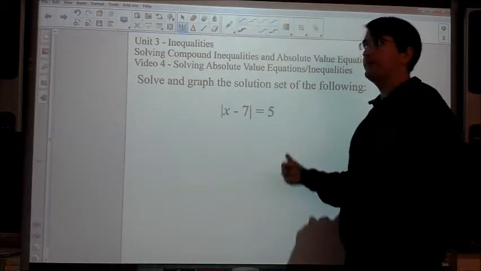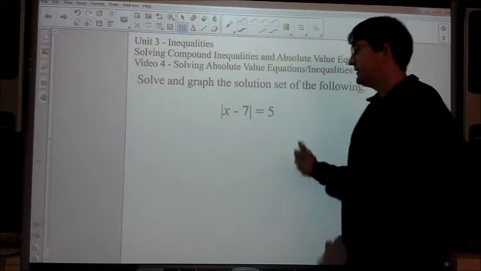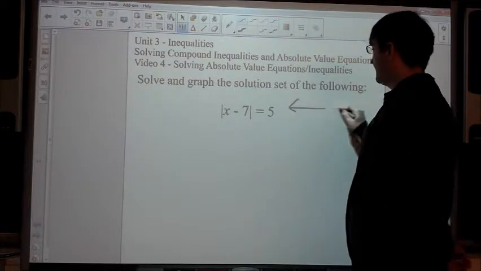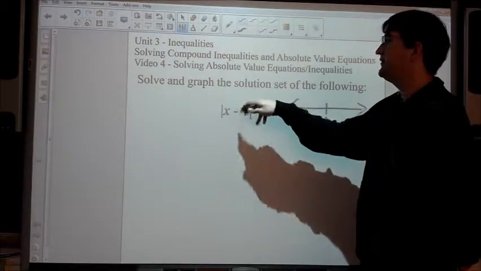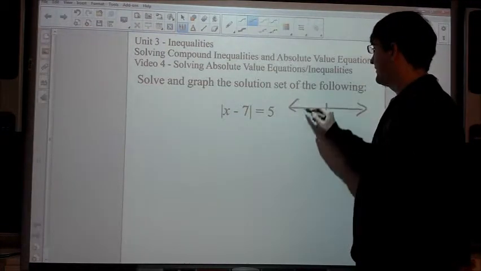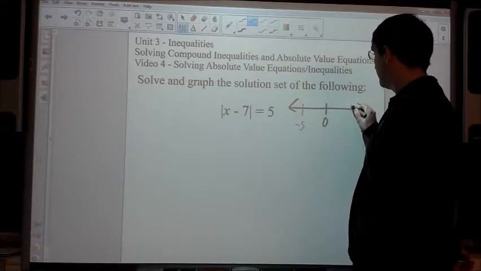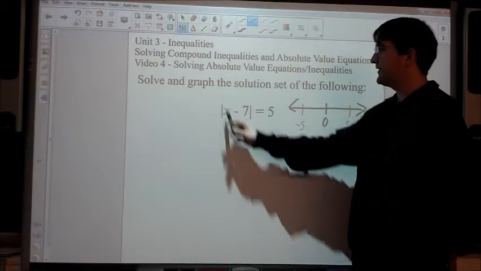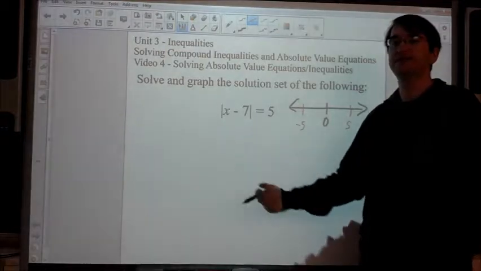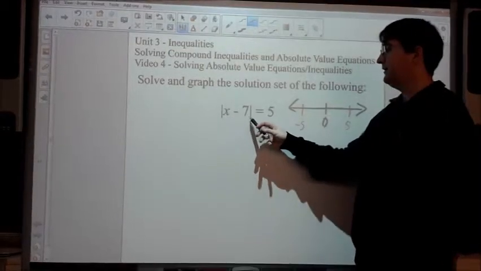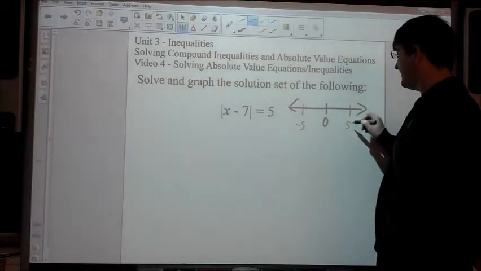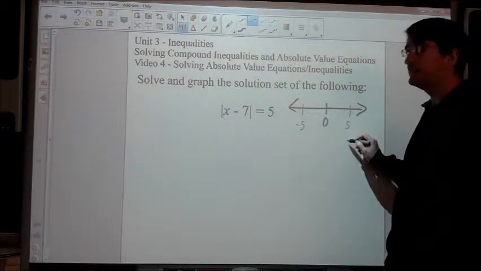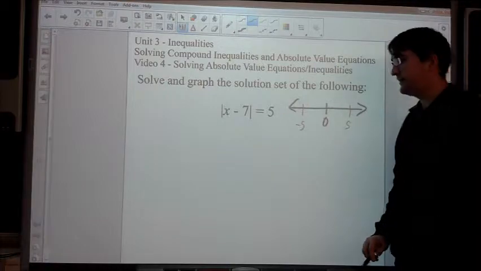Remember that an absolute value is a distance. So that means that on a number line, whatever is inside those bars is either at -5 or at +5, because the absolute value is a distance from 0. If this thing is 5 units from 0, it is either here at +5, or at -5.